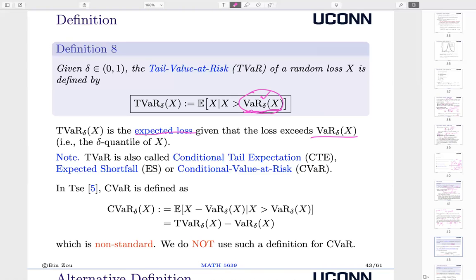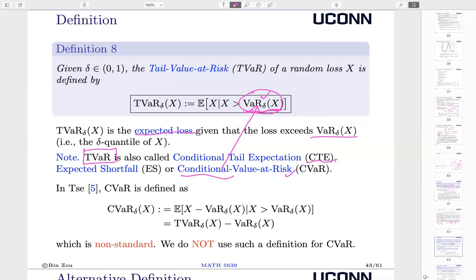For instance, I usually use this one because to me, this name is the best. It's because it is a conditional expectation, right? This also reflects the idea of conditional, because we do have a condition. But of course, tail is also a good name because we care about the tail part. We want to know the tail distribution, the average of the tail. So all of them make sense. So throughout this course, we will stick to this name, TVaR.